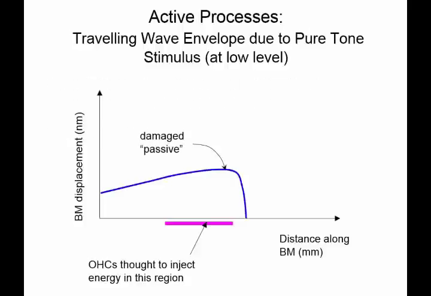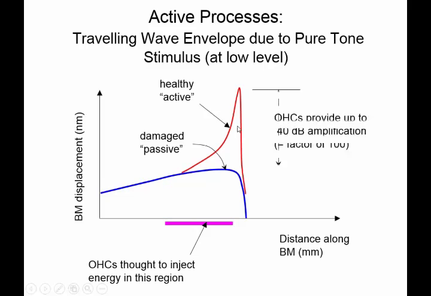Right, as a reminder from last lecture, we have the basilar membrane here unrolled from the base to the apex. We have the passive, the linear envelope of the traveling wave, and when we put energy in, we would get this healthy living response pattern.